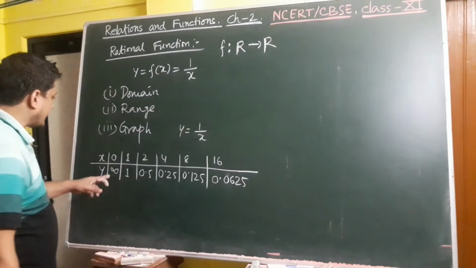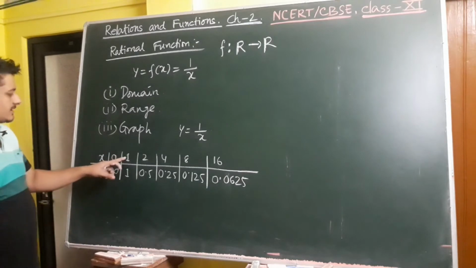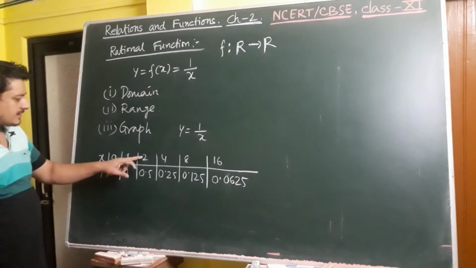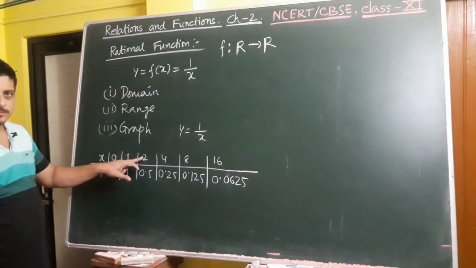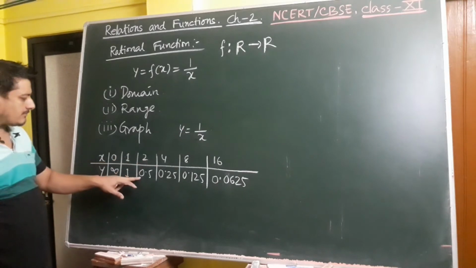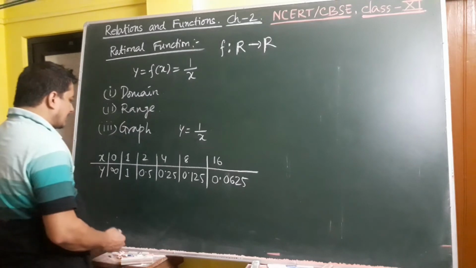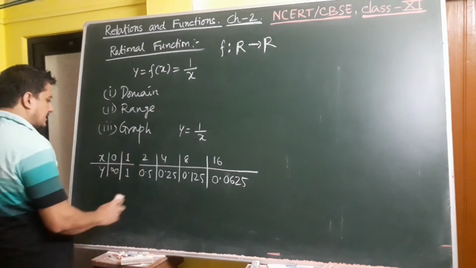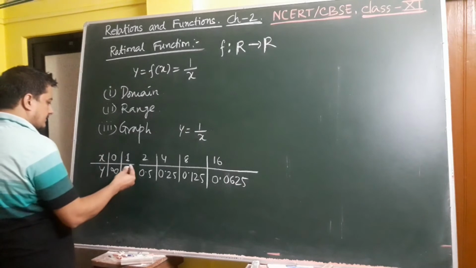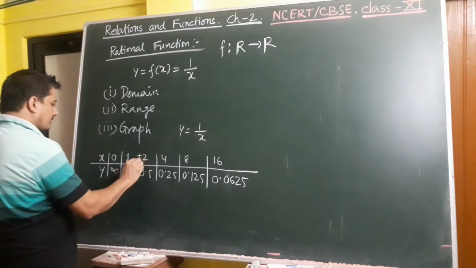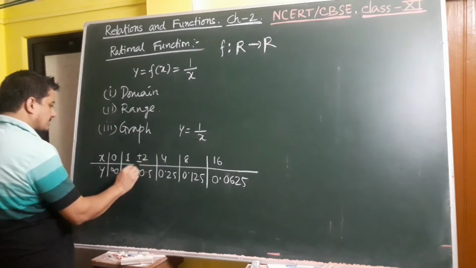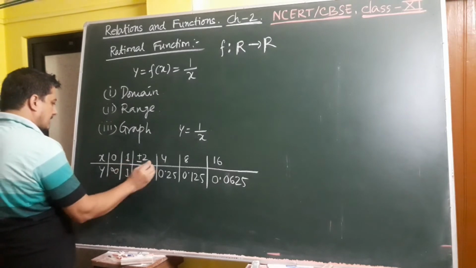Okay, so if you take minus 1, then it will be minus 1. If you take minus 2, it will be minus 0.5. So you can do one thing, you can write plus minus here, and here also it is plus minus, like this.